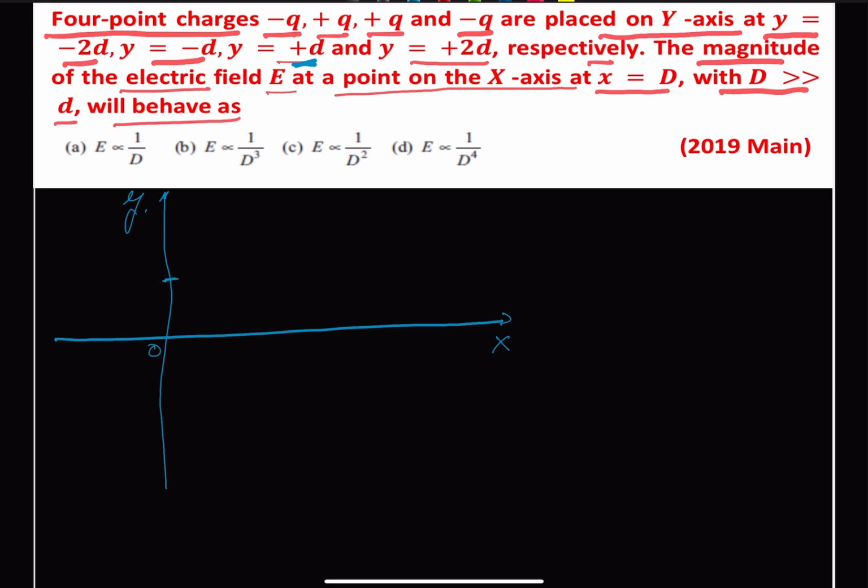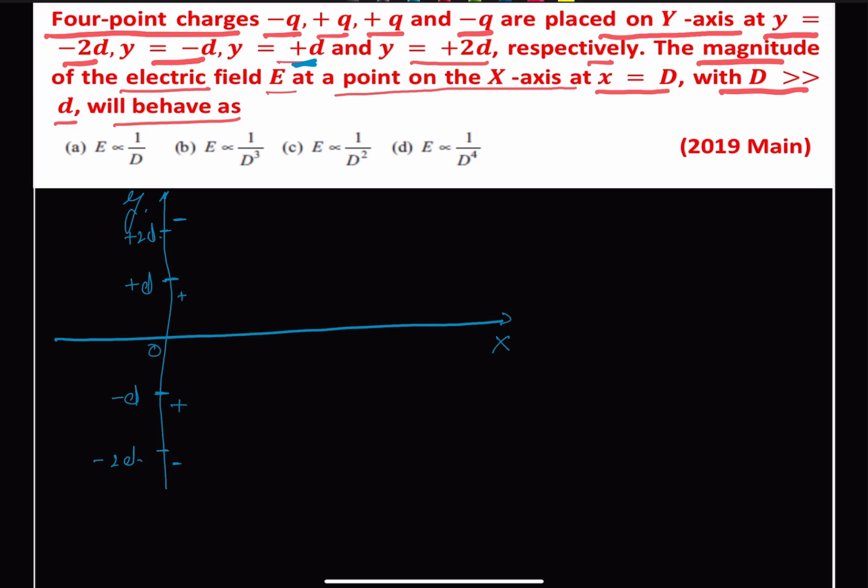So let us suppose this is our plus d and this is our plus 2d. Similarly, we are going to have minus d and minus 2d. And the charges are given to us: at plus 2d we have negative, at plus d we are having positive, and similarly minus d positive and minus 2d is negative. Magnitude is same for all the charges.